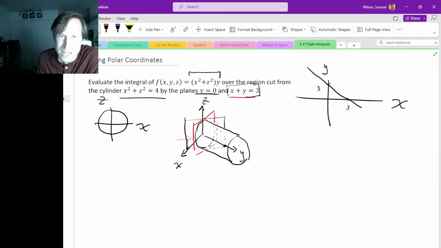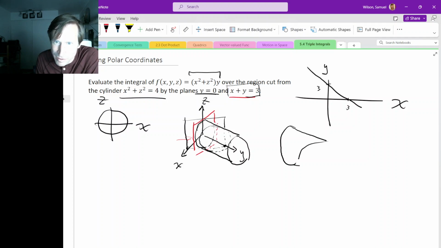So this plane is slicing the cylinder in a diagonal way, kind of like this. Okay, so I'm going to do my best to draw this, so apologies ahead of time. We get this kind of shape. So it has this rear circular cross section, but this front edge is angled.